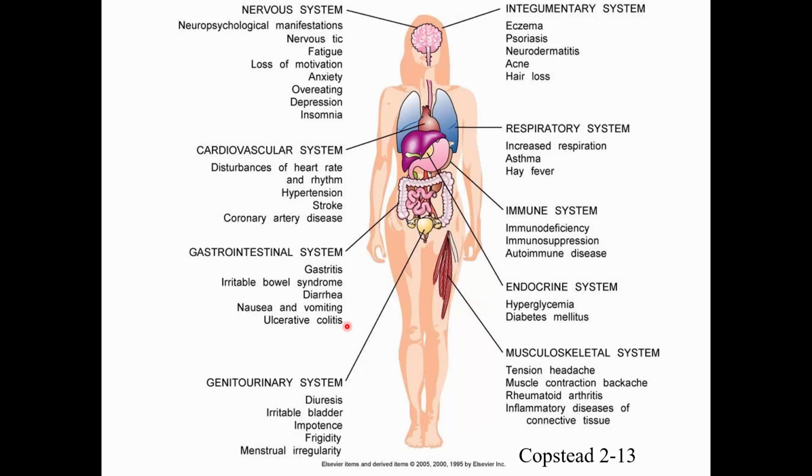Now, we've talked about irritable bowel disease and ulcerative colitis, gastritis, that kind of thing. Certainly there is an influence of the sympathetic nervous system on the GI tract. It's not as simple as you get stressed out and then you get an ulcer, or you get stressed out and you have ulcerative colitis.